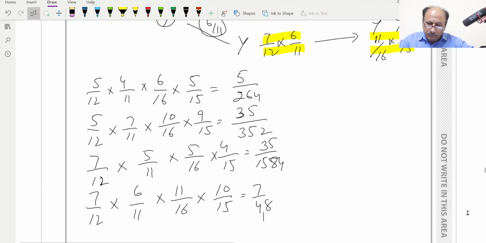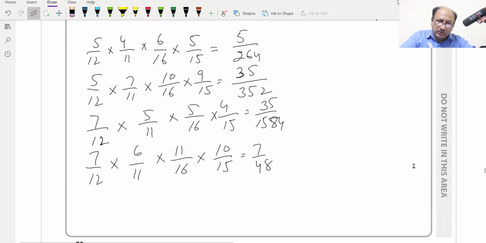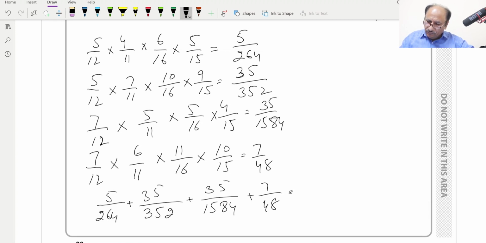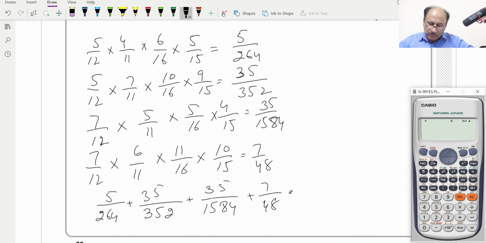Now all these probabilities will have to add, so I will add this one 5 over 264 plus 35 over 352 plus 35 over 1584 plus 7 over 48. A lot of calculations are involved, so proper calculator usage is very important.